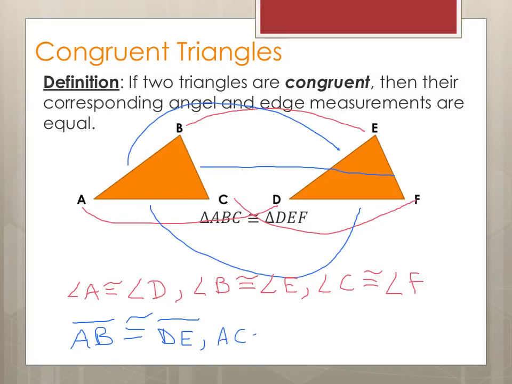AC is congruent to DF. And BC is congruent to the edge EF. So we've labeled all the congruent angle measurements and the congruent edge lengths.